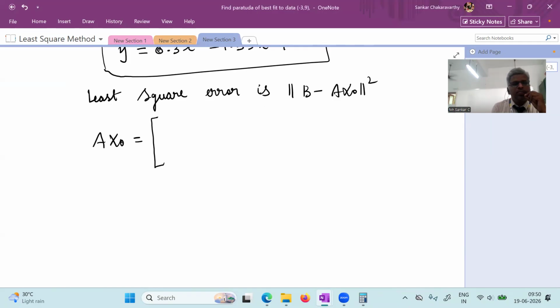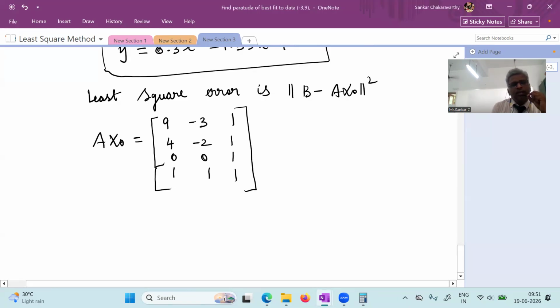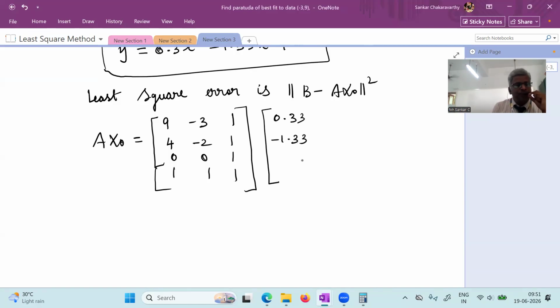A matrix is 9, minus 3, 1, 0, minus 2, 1, 0, 0, 1, 1, 1, 1. And this is the A matrix, and the x naught matrix is A, B, C. We obtained the ABC values now. Therefore, 0.33, minus 1.33, and the C value is 2.